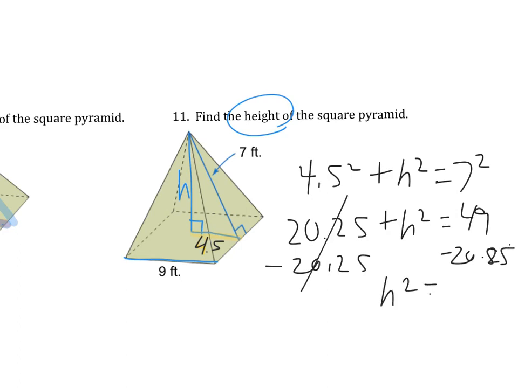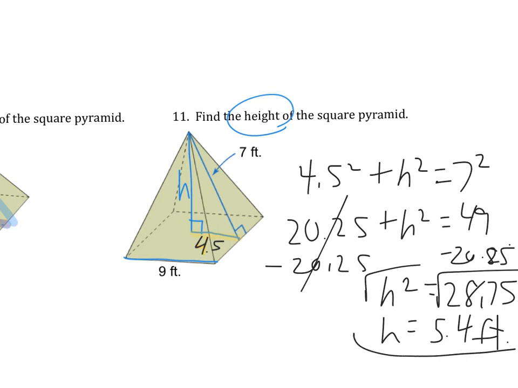And h squared equals 28.75. I need to square root that to get h by itself. And if I square root both sides, I get h equals 5.4 if I round to the nearest tenth, and that's going to be feet. 5.4 feet. All right, so there I was solving for a leg, and I get 5.4 feet.